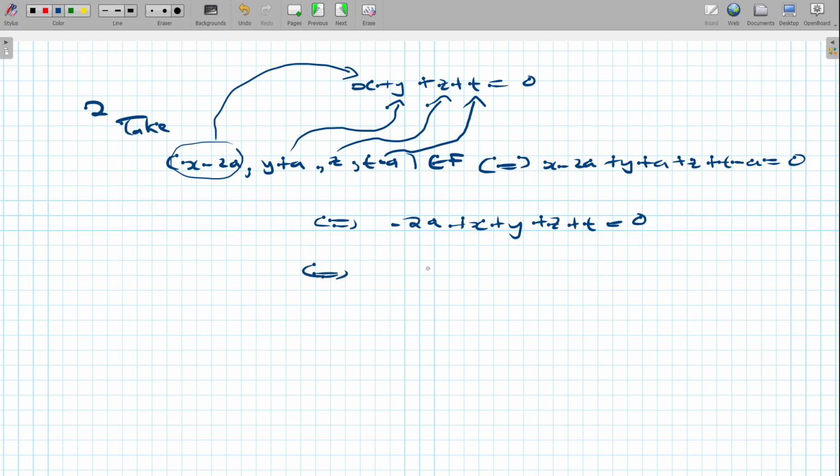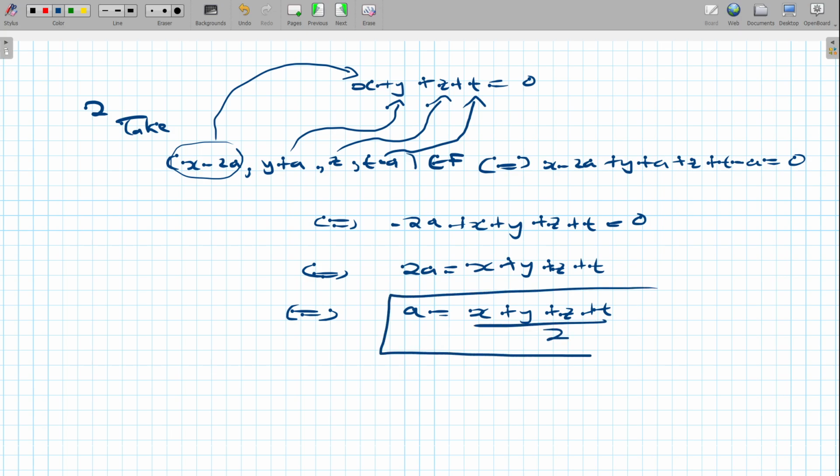So this means that 2a is equal to x plus y plus z plus t, like so. You can add 2a on both sides, and then you get what I have here. Our goal is to make a the subject, so a has to be equal to x plus y plus z plus t, divided by 2. So this must be the value for a.